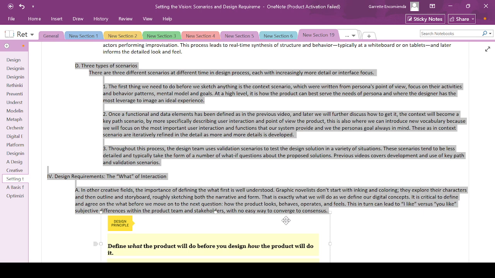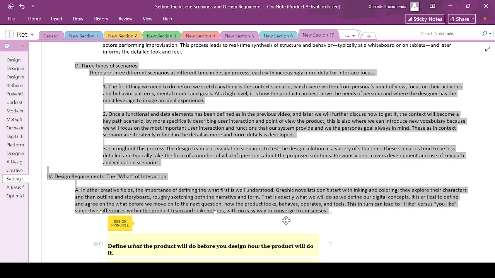This is actually one of the key inflection points. Once functional and data elements have been defined, as we discussed in the previous video, the functions on the wireframe and the data that accommodates that are really just a means to achieve the user goal.